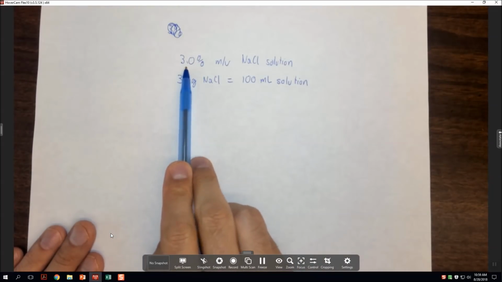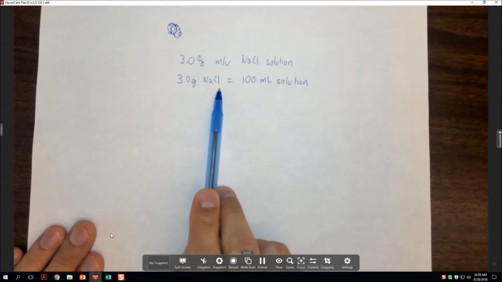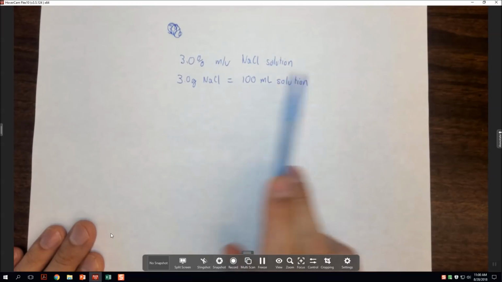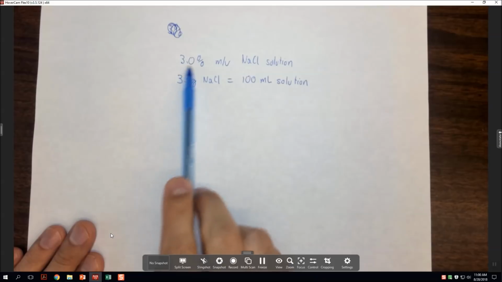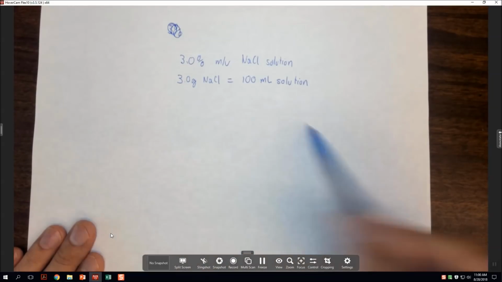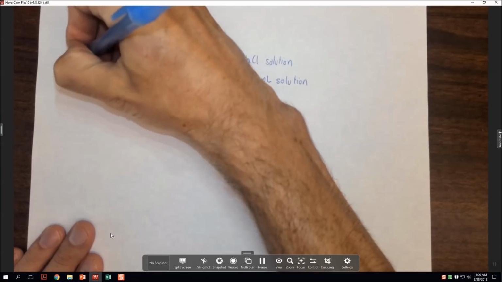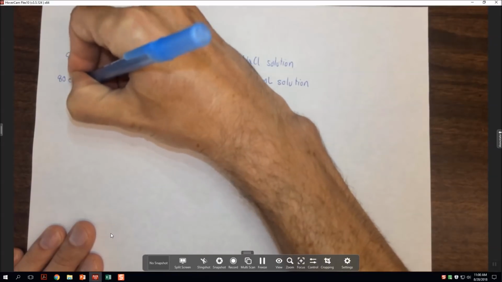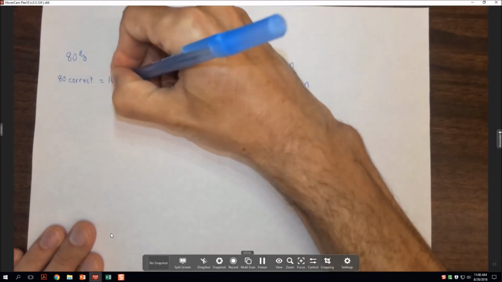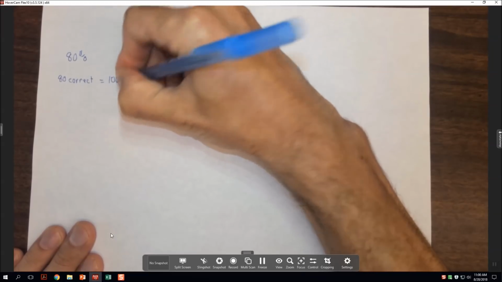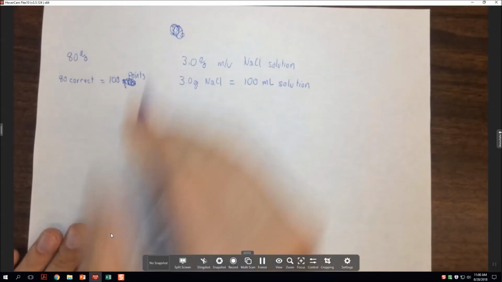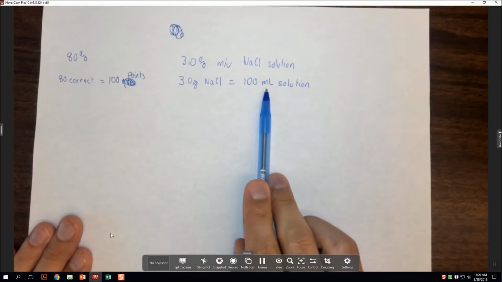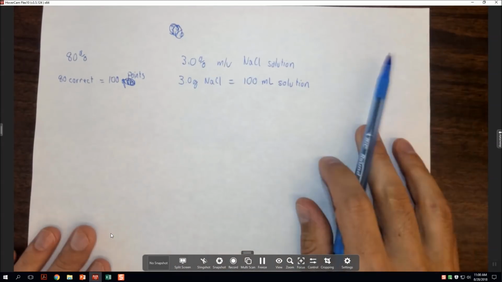Well, if it's 3%, that means 3 parts, 3 grams of NaCl, equals 100 wholes, or 100 milliliters of solution. So you can convert any percentage into an equality this way. If you get 80% on an exam, that means 80 correct per 100 questions. Well, probably more accurately, points. Right? It means you get 80 points for every 100 points there are. Well, here it's 3%, so you get 3 grams for every 100 milliliters there are. Percentage is part out of 100.